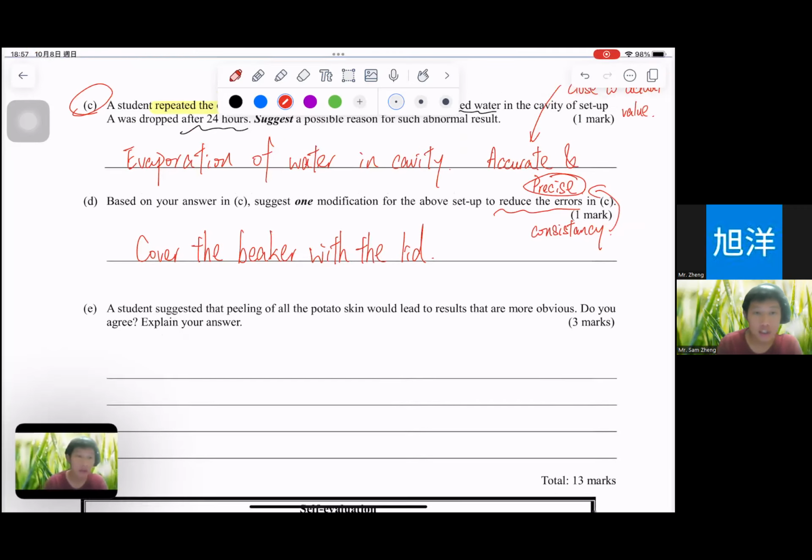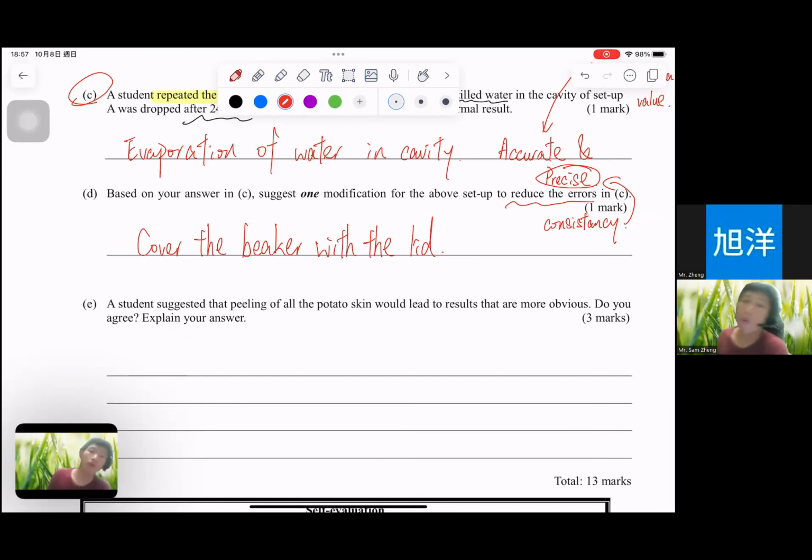So here, a student suggested that peeling all the potato skin would make the result more obvious.